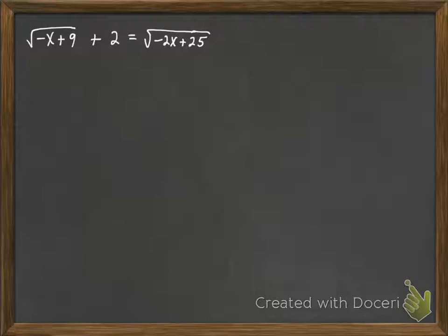So first, we have the one radical, so it's already by itself. So we start by squaring both sides.